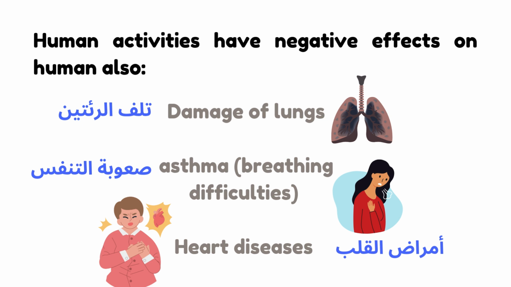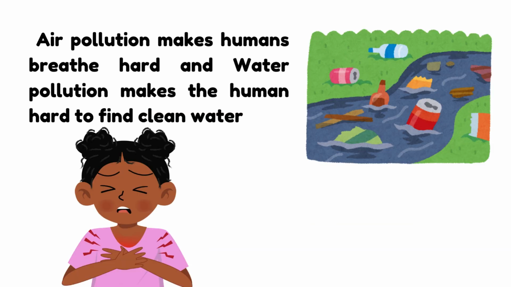So here damage of lungs, asthma and heart diseases are the effects of the human activities on human health. Okay, and this happens by the air pollution. So air pollution makes humans breathe hard and have some diseases like heart disease, asthma and damage of the lungs. And water pollution makes it hard for humans to find clean water to drink.